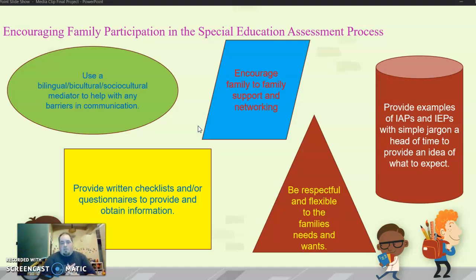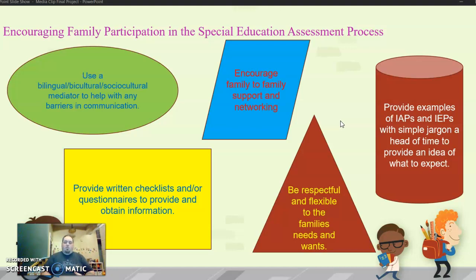We also would like to encourage the families to participate in family-to-family support and networking, maybe talking with other parents who have students with similar learning needs and what their experience is with the IEP and special education programs. We also want to be respectful and flexible to the family's needs and wants, what they feel, taking into consideration what they feel is appropriate for their child as well.